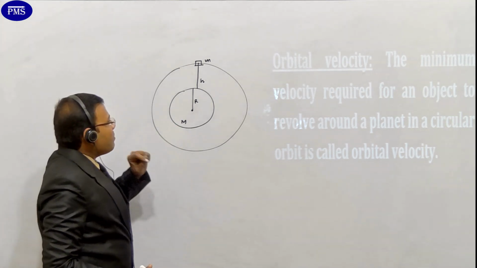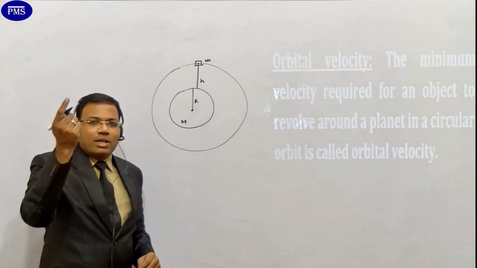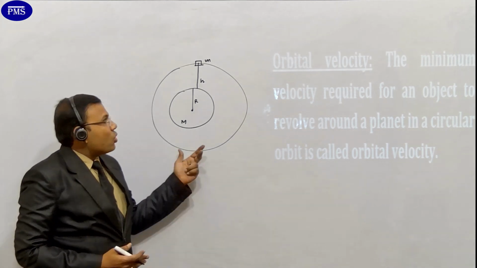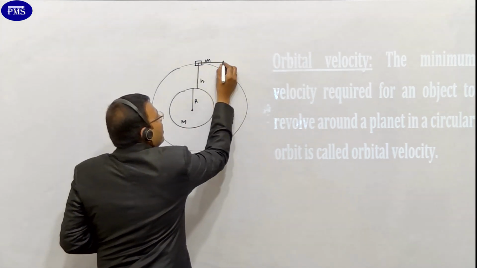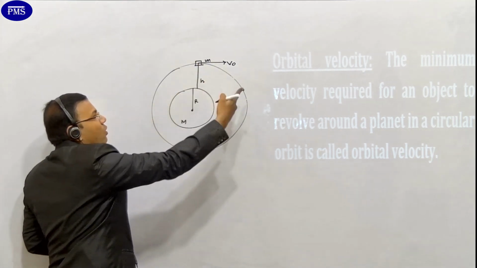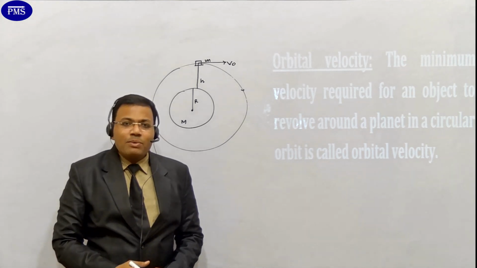Now the mass of the planet is M, R is the radius, h is the height at which the satellite, the body, is revolving around the planet. If you give some velocity, which we call V0, with this velocity it is going to revolve, and that velocity we call the orbital velocity. I hope it is clear.